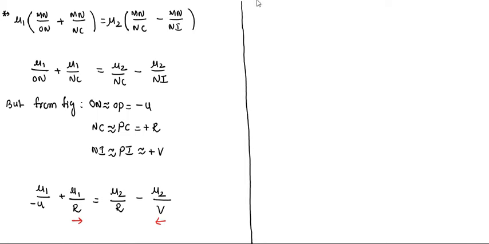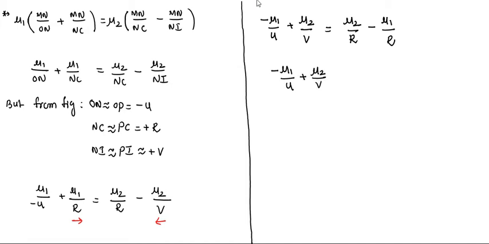The next step: minus nu 1 by u plus nu 2 by v. On the right side nu 2 by R is already there, and we take nu 1 by R to the right side also, minus nu 1 by R. Then finally we will get one equation: minus nu 1 by u plus nu 2 by v is equal to nu 2 minus nu 1 by R.